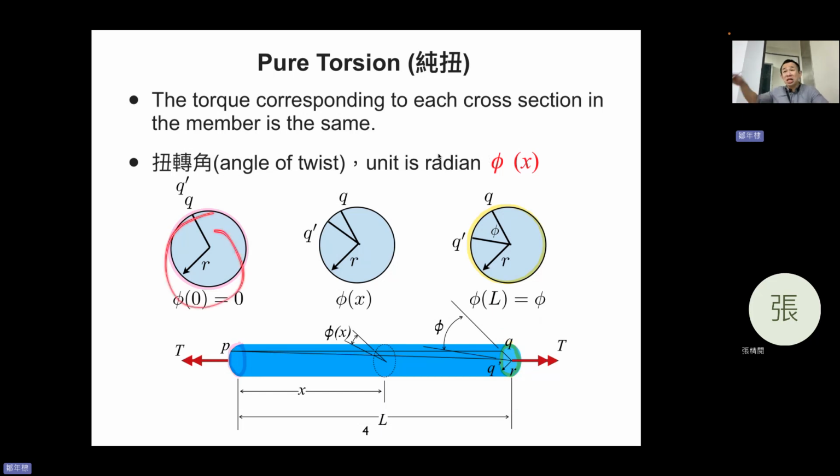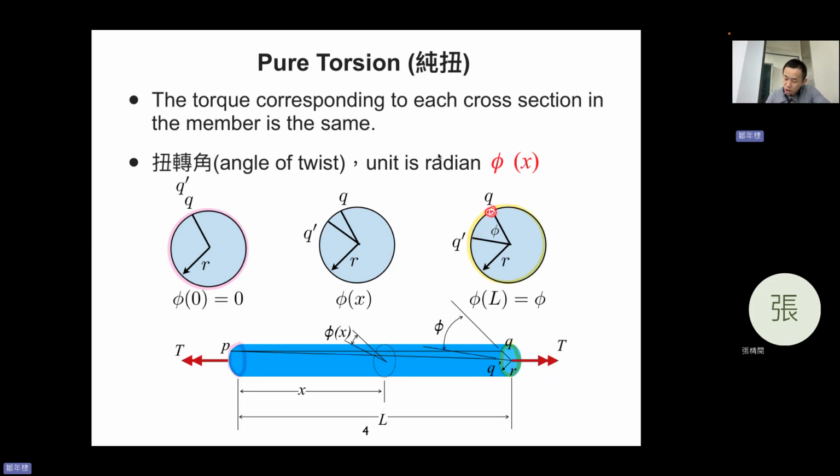This section is fixed on the wall, so nothing changes. The phi equals 0. But when you go from the left hand side to the right hand side, you can imagine that if you rotate here, this circle will go from Q to Q prime, because you rotate it, right?